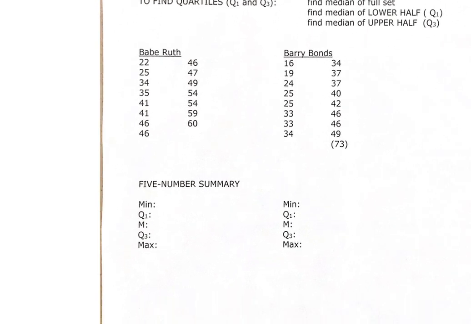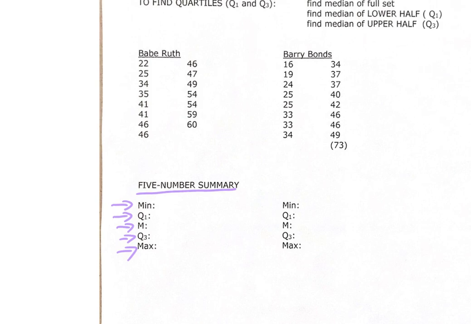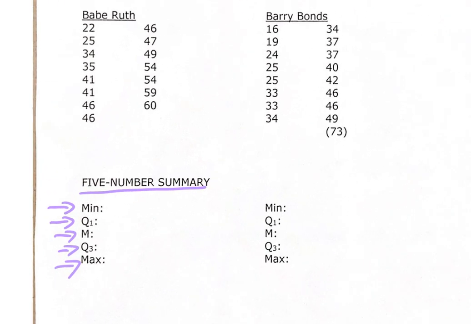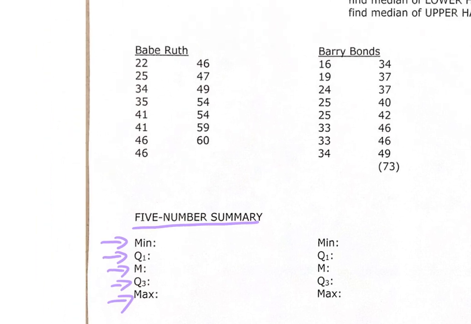So the 5-number summary consists of the minimum value, quartile 1, the median, quartile 3, and the maximum, okay? So we use the 5-number summary to create a box plot. Okay, so think about what the process is going to be.